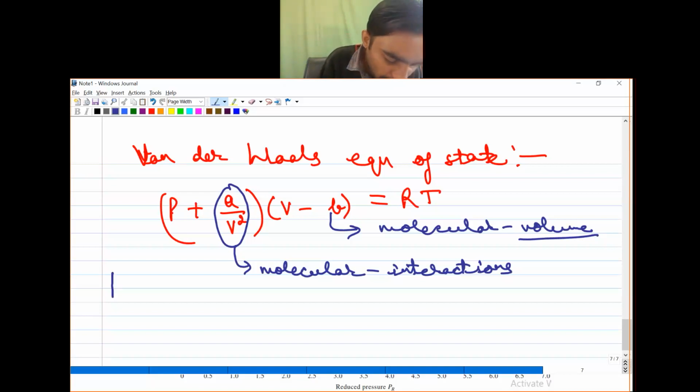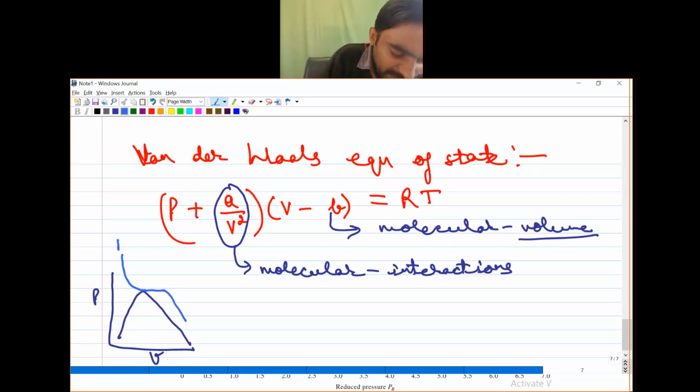Now if I just plot the PV diagram, on this PV diagram, say this is my liquid vapor dome. Corresponding to the PV diagram, it is observed that we have an almost horizontal line close to the critical point.